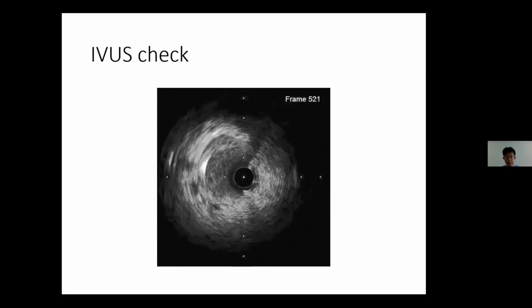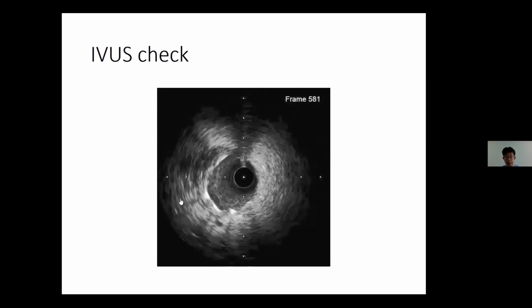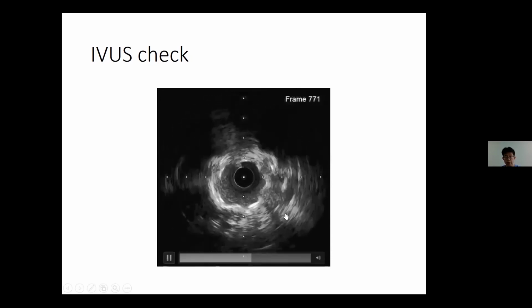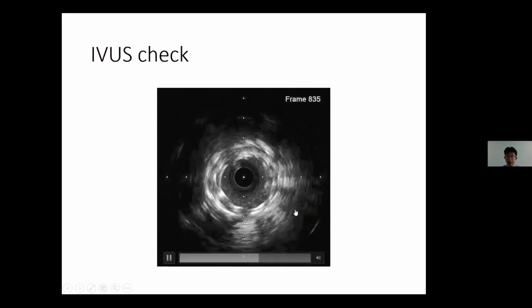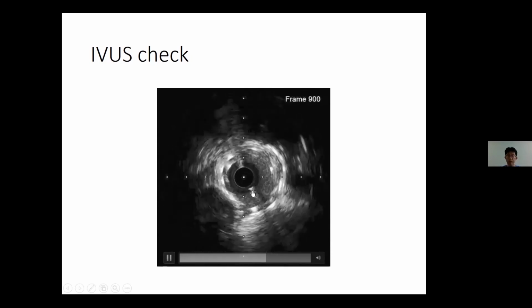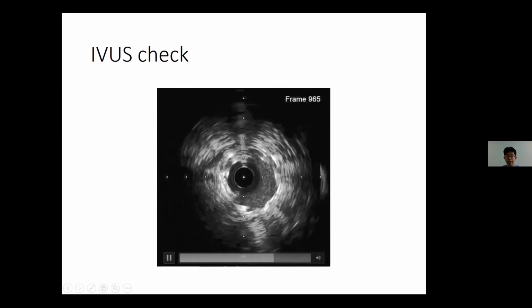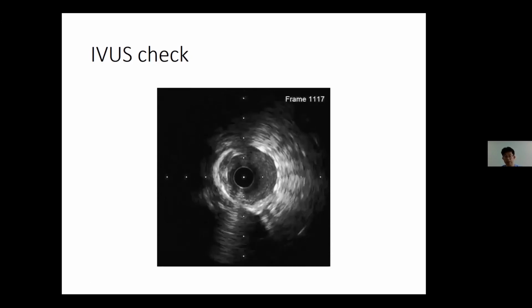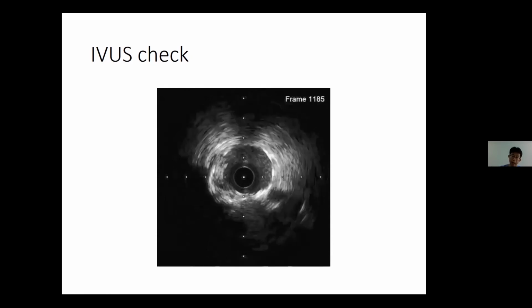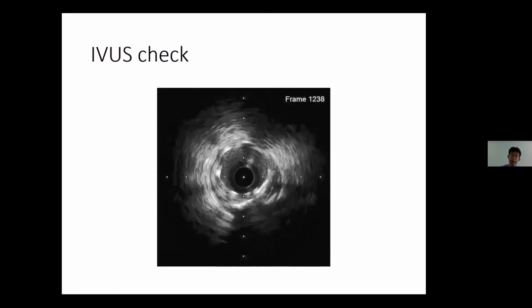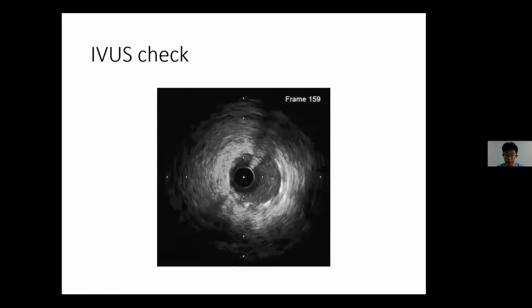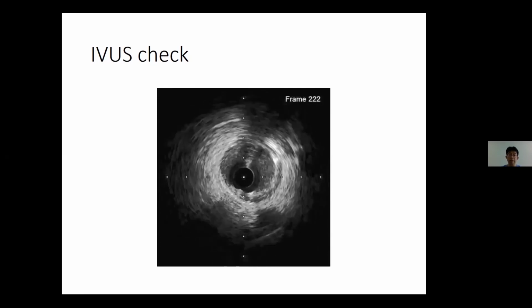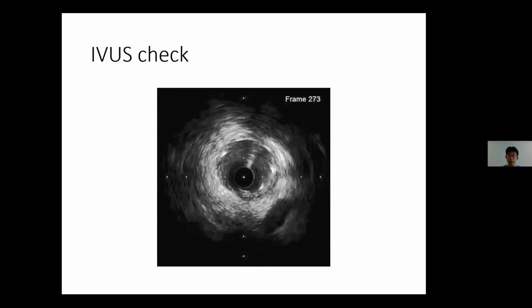This is the LAD and the wire comes from here. First the lumen and then the wire coming. It means the recross wire point is not far distal, it's proximal. The ideal recross point is first the wire coming and then the lumen coming. But this case is first the lumen coming and then the wire coming. It means not a good recross point.